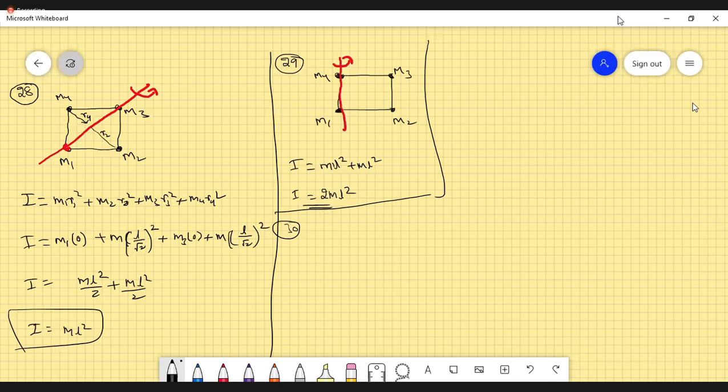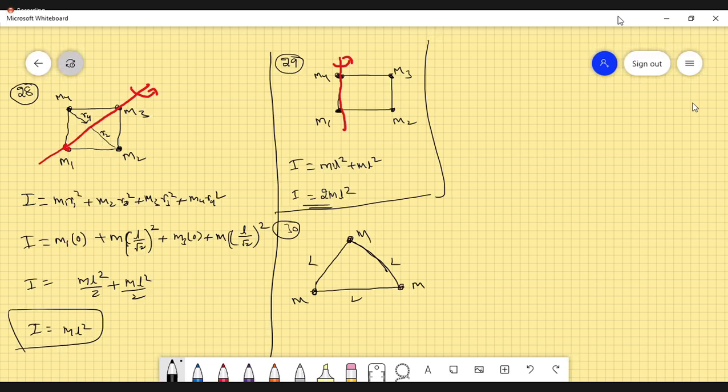So now this time it is a triangle, an equilateral triangle, with masses m, m and m at the corners, about an axis perpendicular to the plane of the frame.